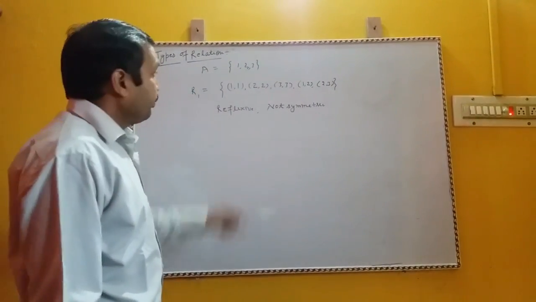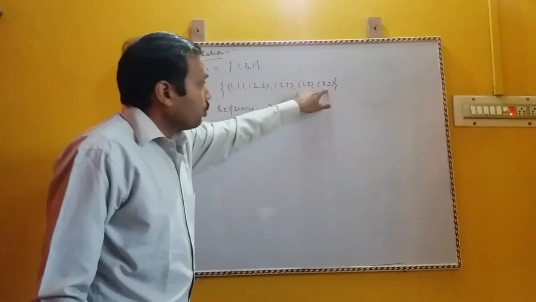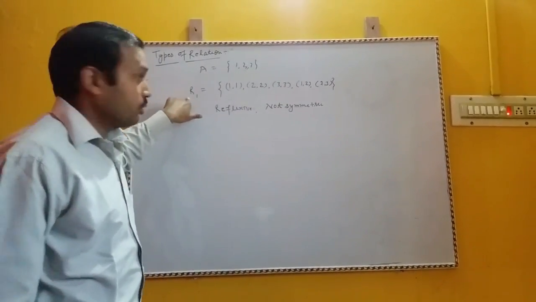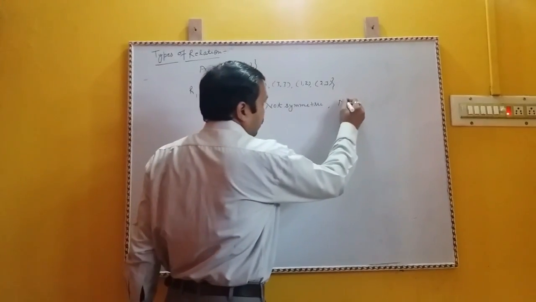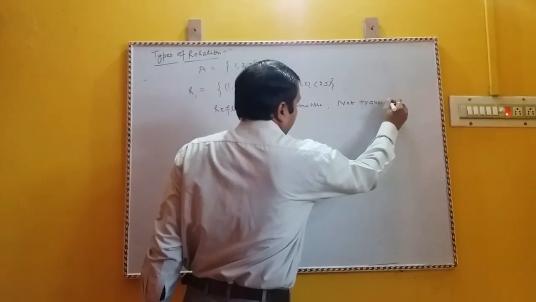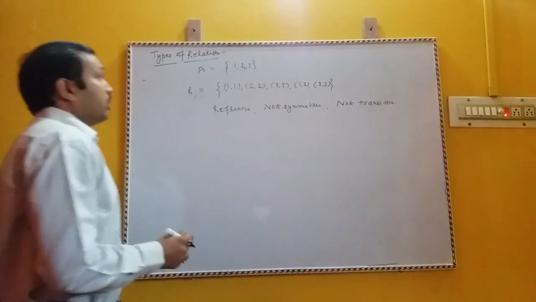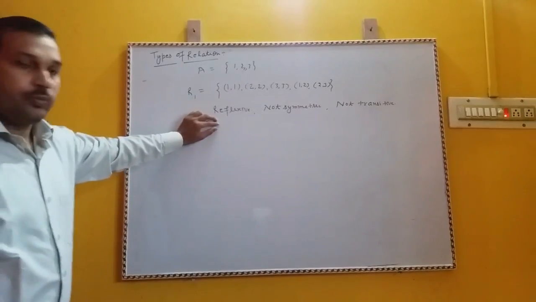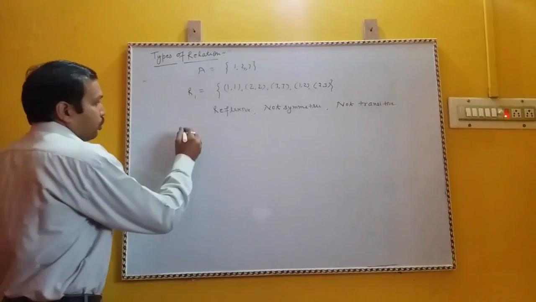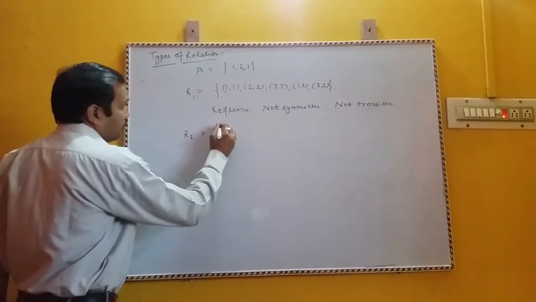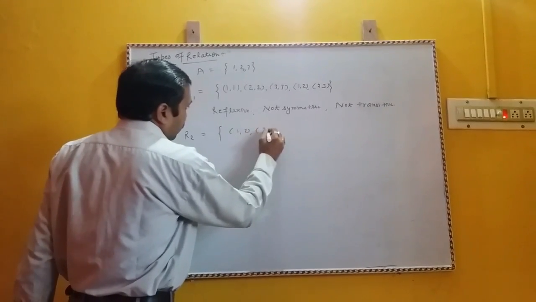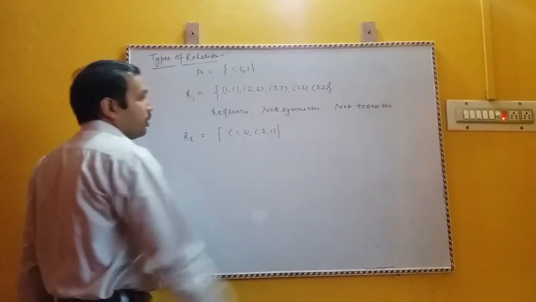Now come to the transitive. Here the pairs are (1, 2), (2, 3), but (1, 3) does not belong to R1, so the relation is also not transitive. Now you can see this relation is reflexive only, neither symmetric nor transitive. Also you can consider another relation R2 = {(1, 2), (2, 1)}.